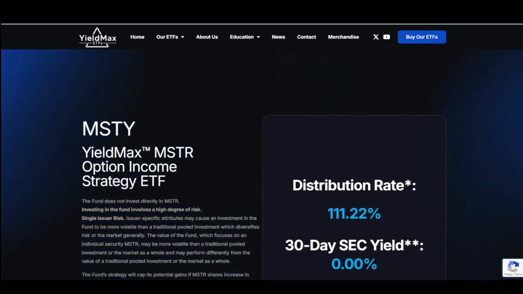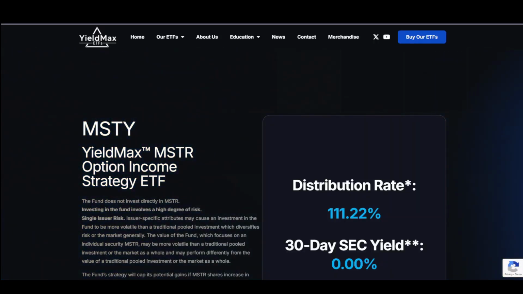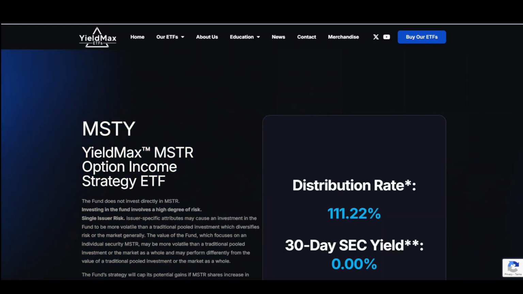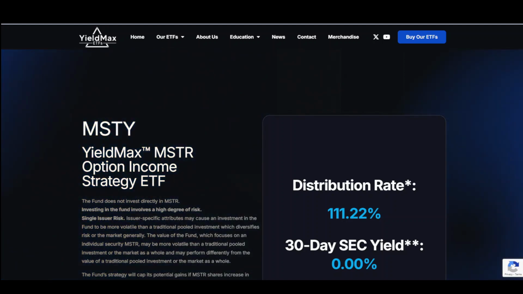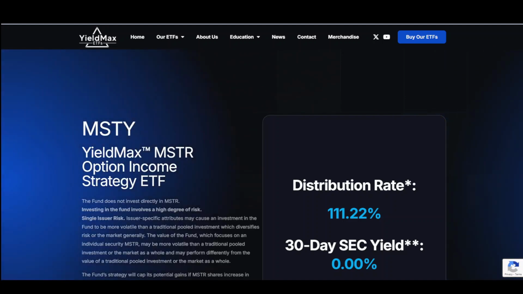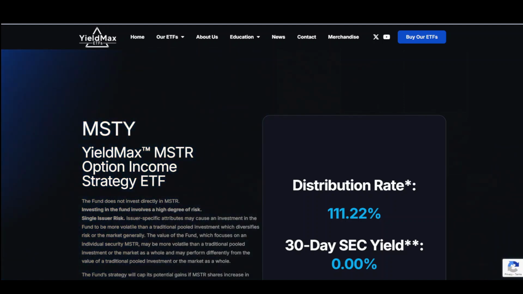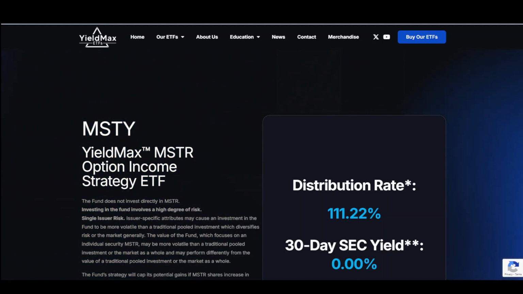I know in previous videos I had mentioned something about doing an option play on MSTY, and I decided to try one out, and I sold my first put option on MSTY. Now I have sold puts and calls before on other stocks, but I've never done one on the YieldMax ETFs.